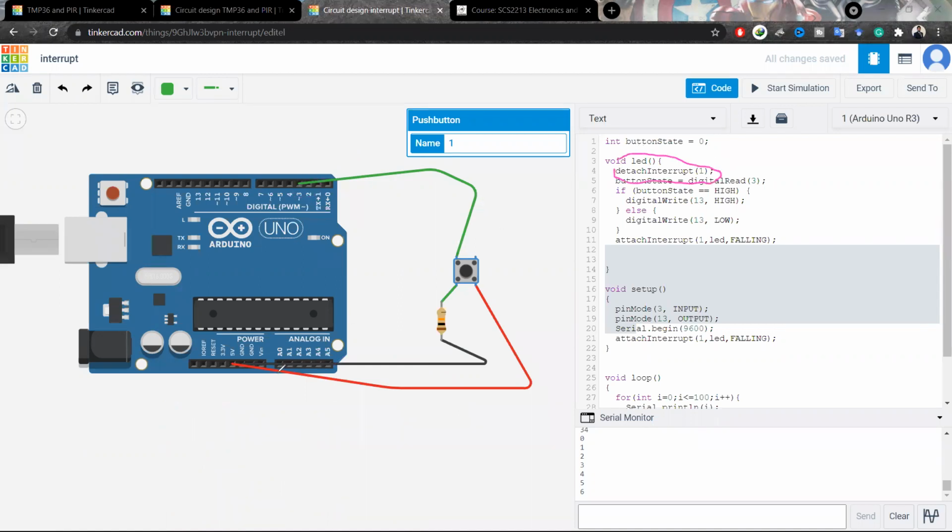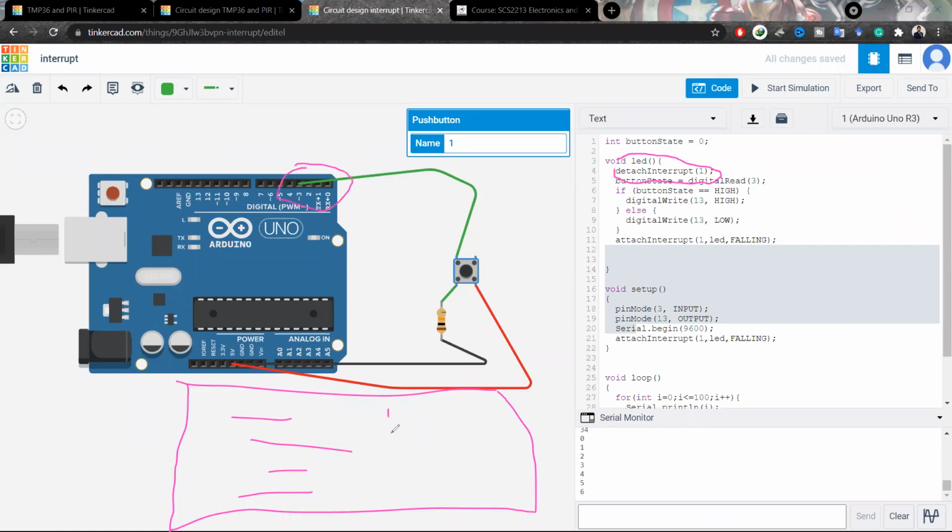At that time, even though the previous condition is met, it's not going to stop the execution, it keeps executing this stuff, right? After that, it attaches the interrupt again and comes out of that function, right? By the time the condition is met, again it will call the LED function, right? Okay.